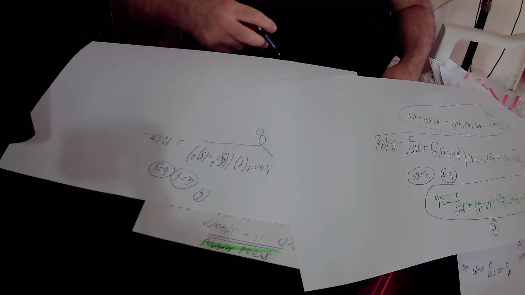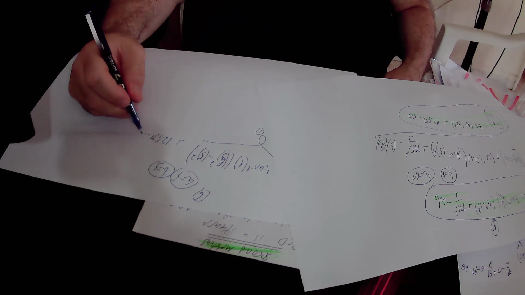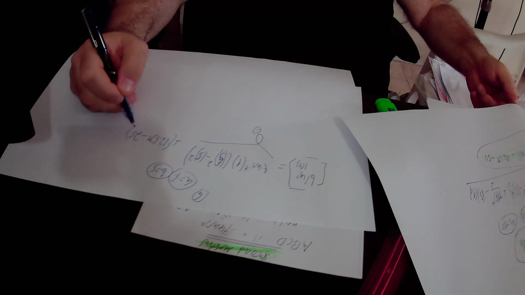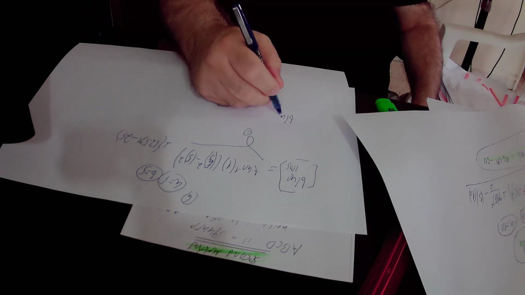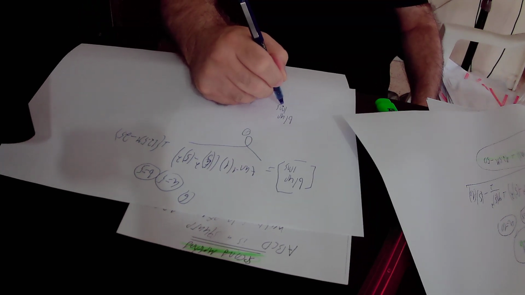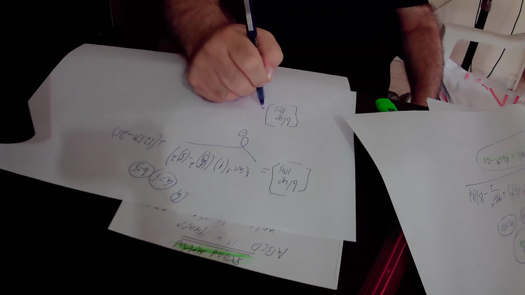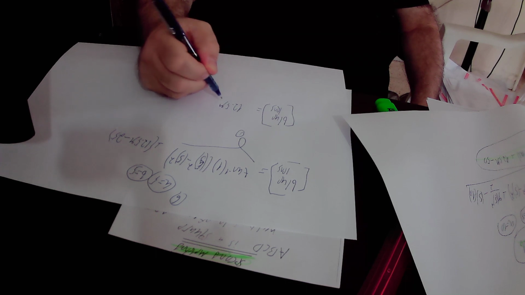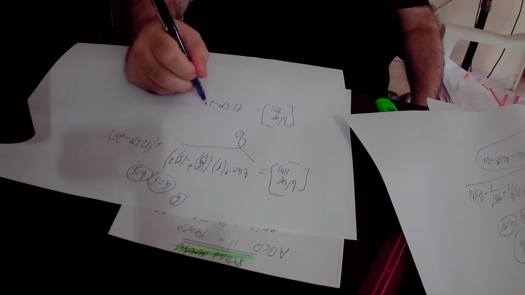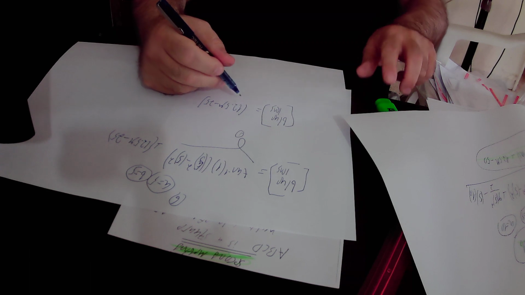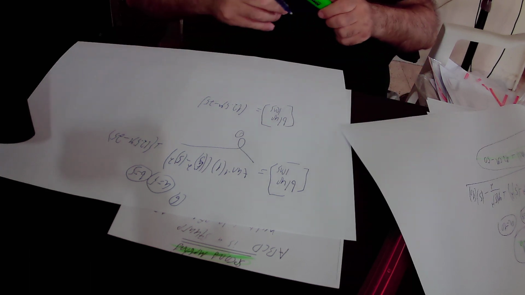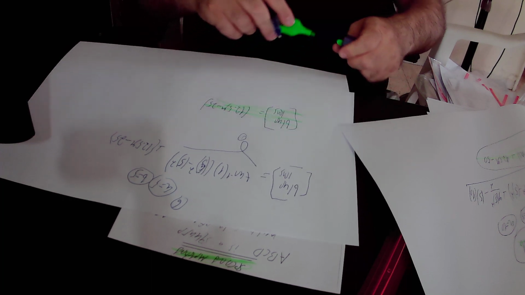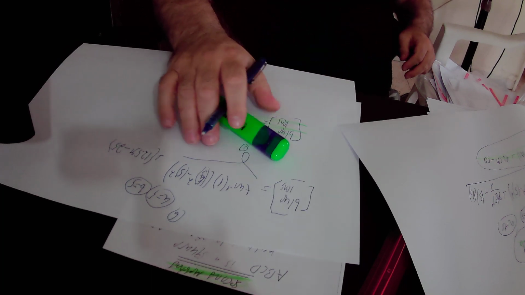A is 5, B is also 5, 5 times 5 is 25. So in conclusion, we found out that the area of the blue lens equals 12.5 pi minus 25. In the next step, we subtract the area of this blue lens from the area of the big lens, and this will give us the area of the orange shape.